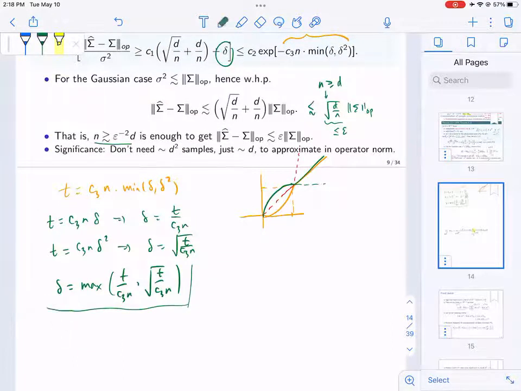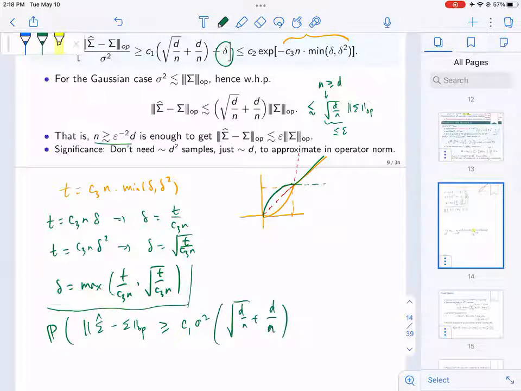The probability that sigma hat minus sigma op is bigger than C1 sigma squared times root of d over n, plus, and then this is bounded further by t over c3 n plus root t over c3 n.